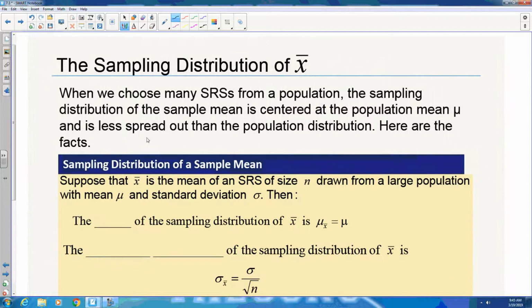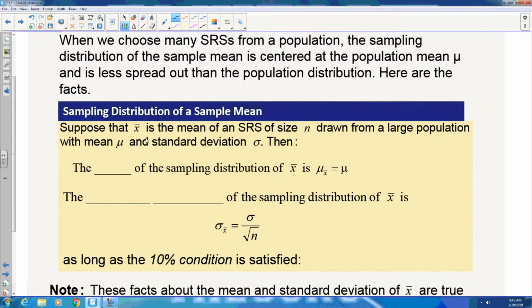Okay, when we choose many simple random samples from a population, the sampling distribution of the sample mean is centered about the population mean. That's where the tallest area is, and it's a lot less spread out than the population distribution. So the mean of the sampling distribution, mu of X bar, is just mu of the population distribution.